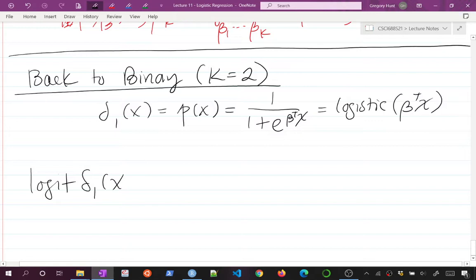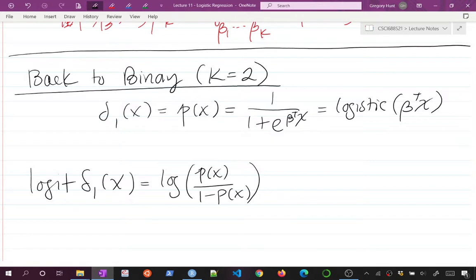We apply that. That's the so-called logit function. And the logit function is the log of p over 1 minus p. That's what the logit function does.